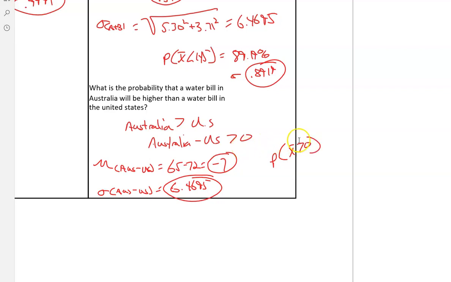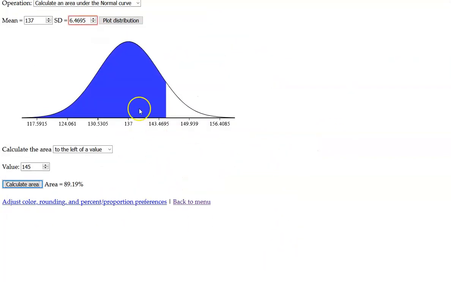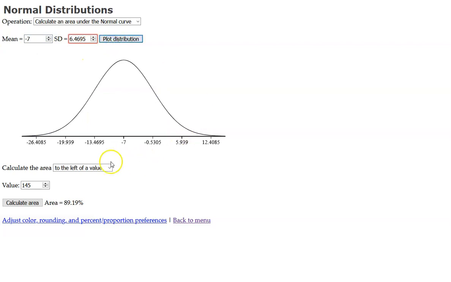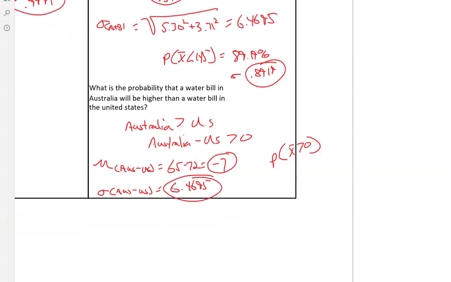So that should be decently unlikely, right? Because usually it's $7 less. What's the chance it's going to be more? Let's go in and calculate it again. The standard deviation stayed the same, except the mean is going to be -7 now. And we want to figure out the chance that it's more than 0, to the right of 0, that Australia is actually bigger. And that is 13.96%.